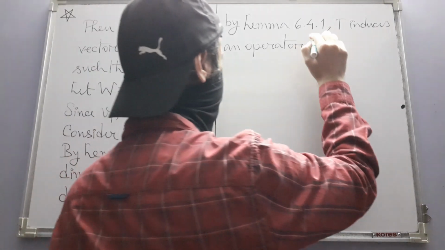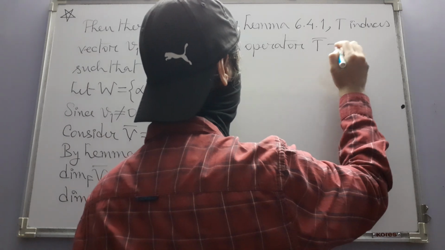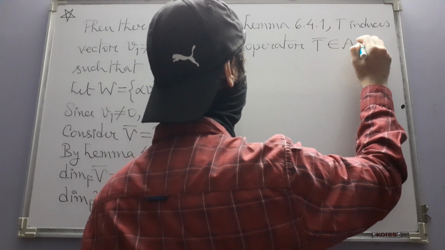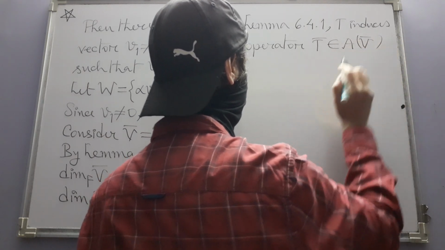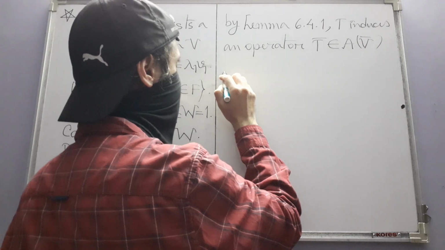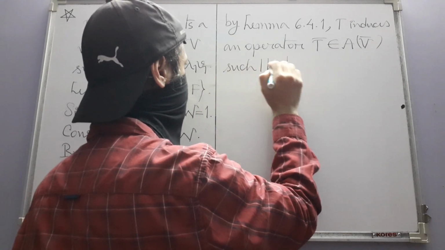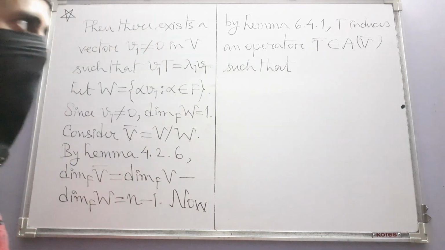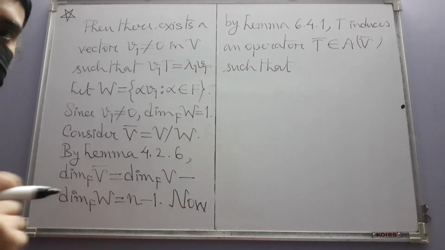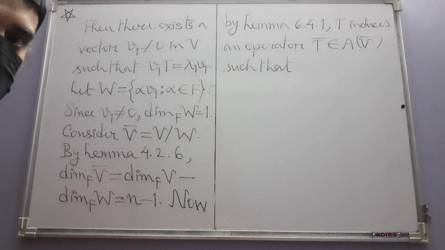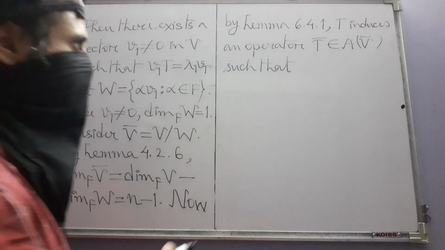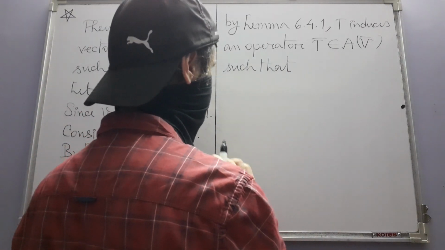So T bar will belong to the algebra of operators on V bar, and let us also recall the definition of T bar. Okay, we will need it at some point. What was T bar? How was it defined?